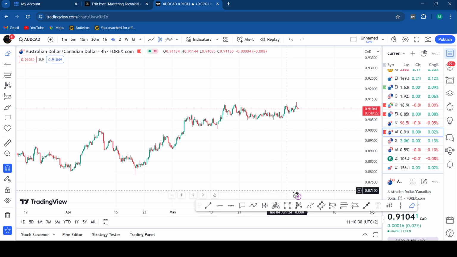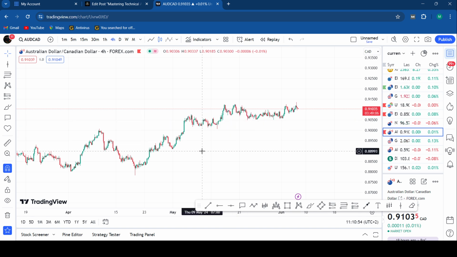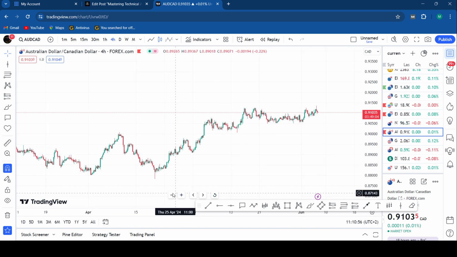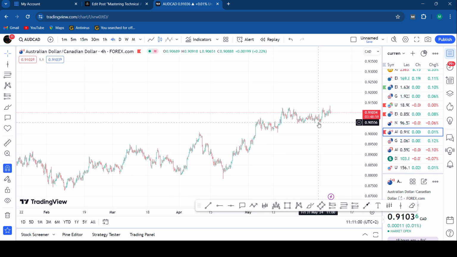So, for example, guys, in a day, for every 4 hours within a day, there will be a candlestick that appears.